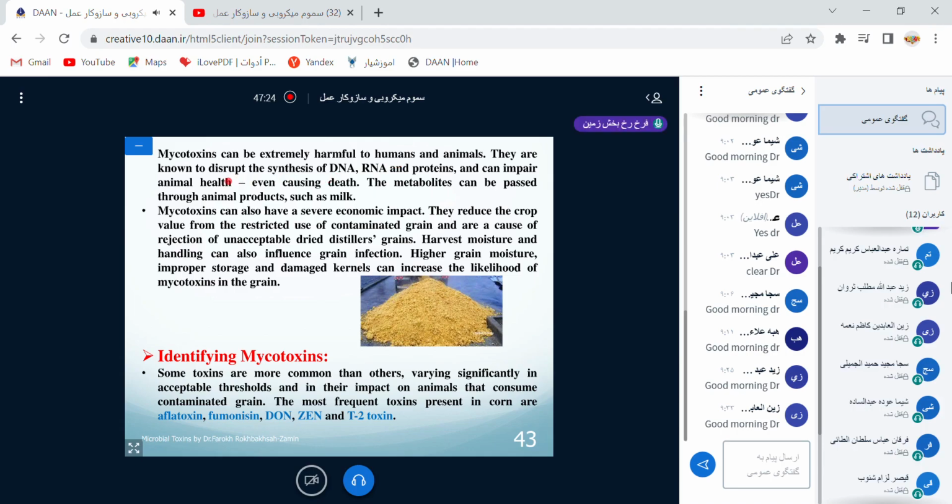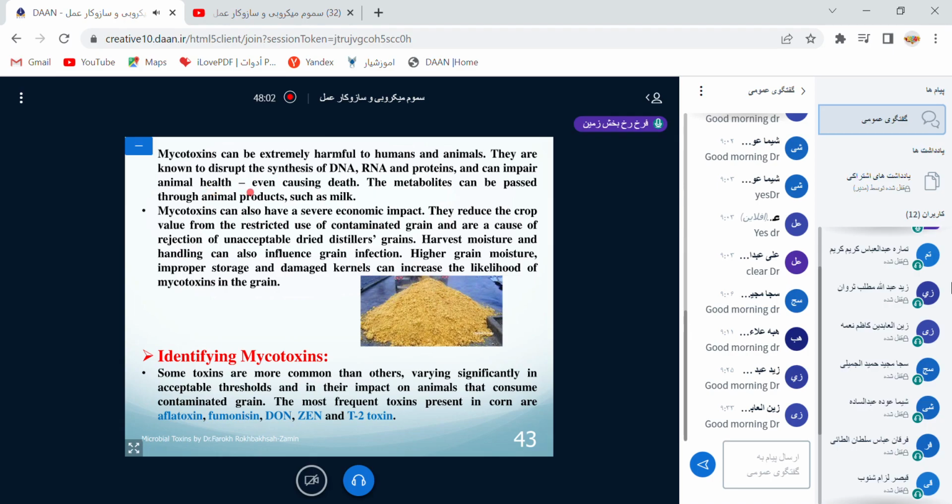They are known to disrupt the synthesis of DNA, RNA, and protein. So when these toxins come to our body, reaching any cells of the body, they stop the replication, the synthesis of DNA and RNA, especially mRNA, and when there is no mRNA, there is no protein synthesis also, and can impair animal health.